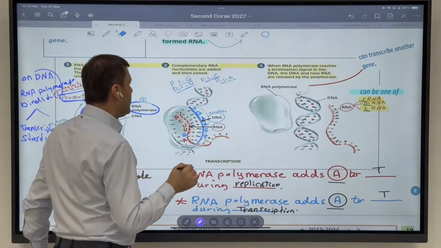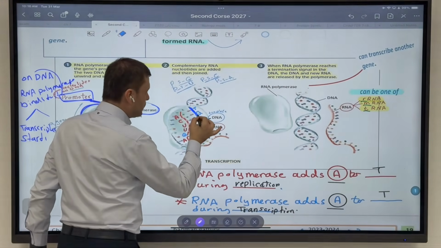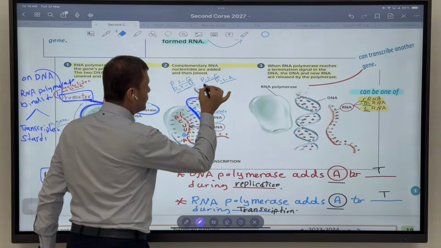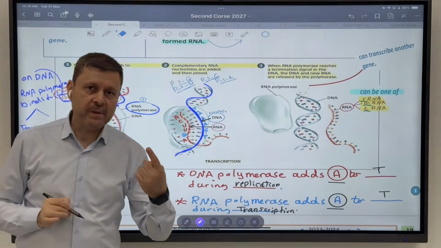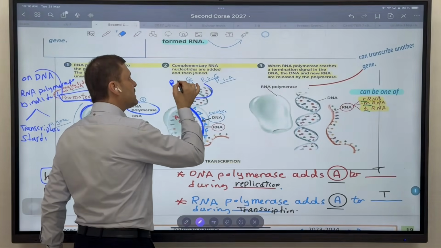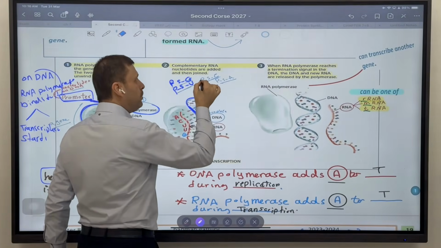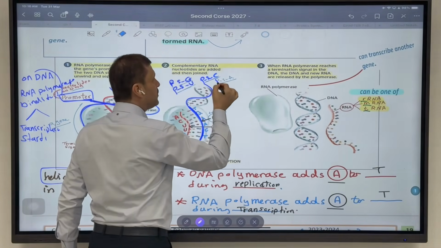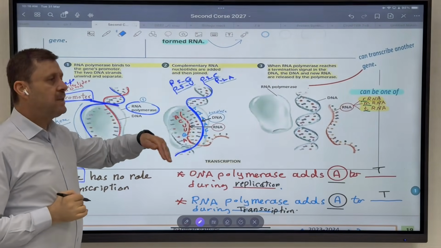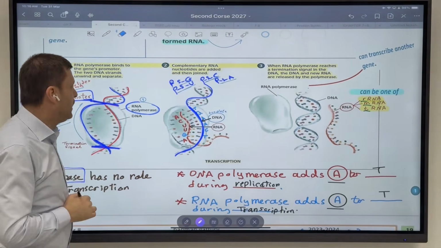Then, in the second step, RNA polymerase adds RNA complementary nucleotides. It uses only 1 strand as template. The RNA nucleotides include G, U, C, and A. RNA polymerase adds RNA complementary nucleotides only to 1 strand, not both, because RNA is a single-strand nucleic acid.